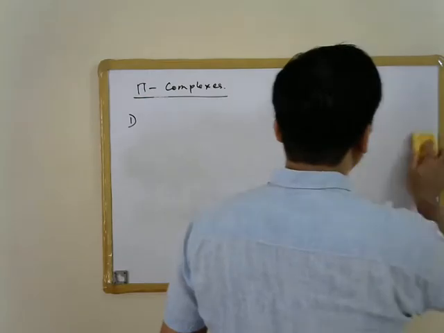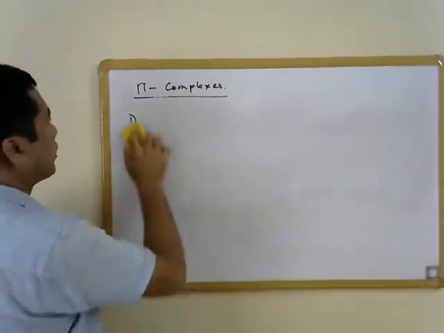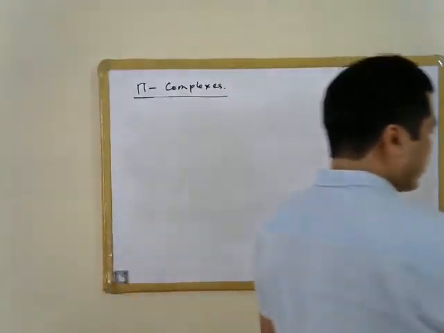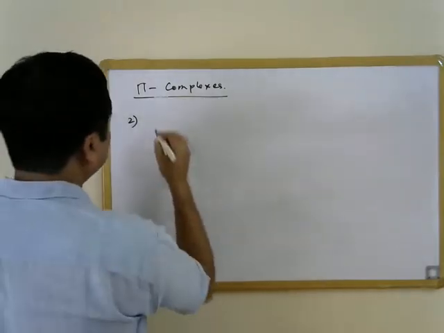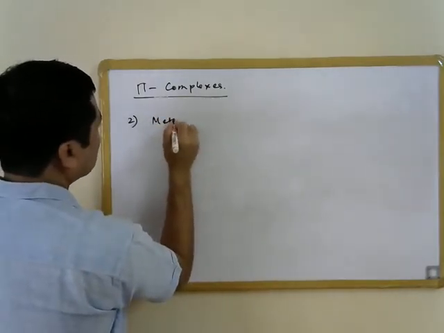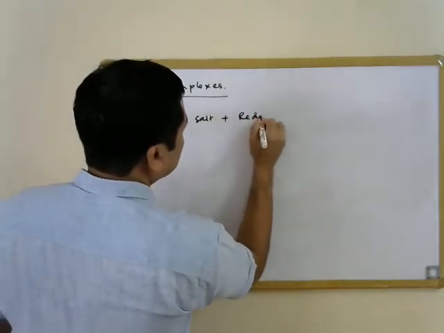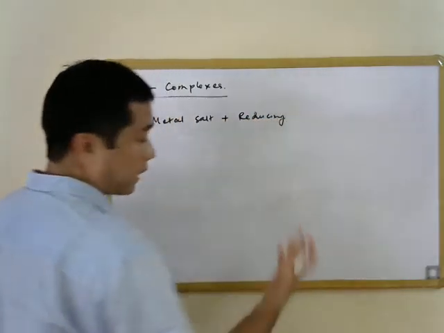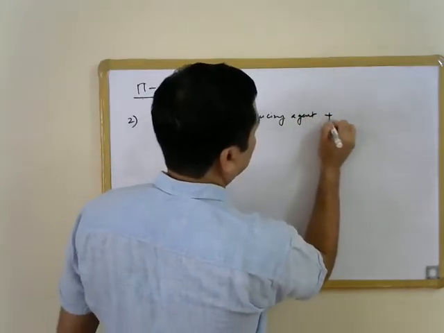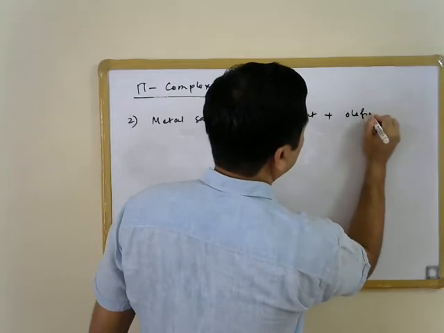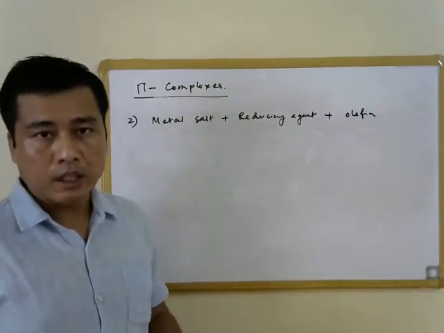The second approach that we are going to discuss for preparation of metal olefin complexes involves reduction of a metallic salt in the presence of an olefin. That is, you take a metal salt and use a reducing agent to reduce the metal to a lower oxidation state, and you do this in the presence of an olefin, and then one can get a metal olefin complex.